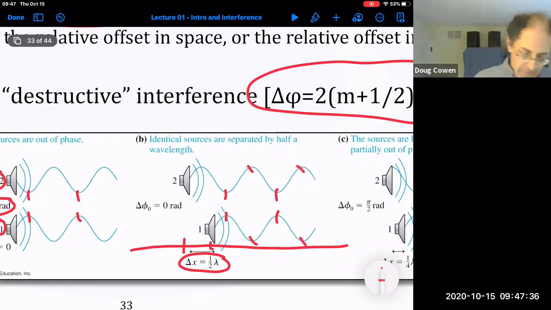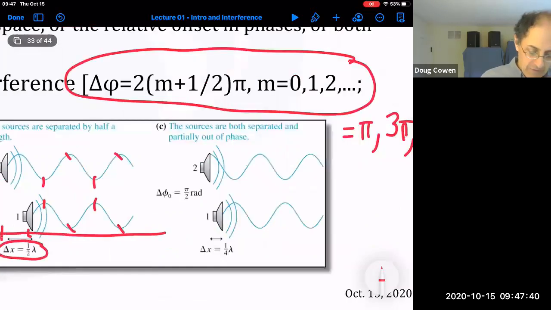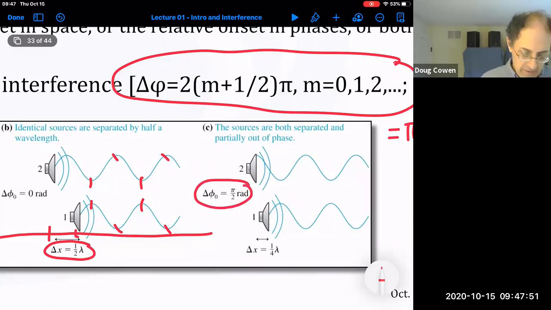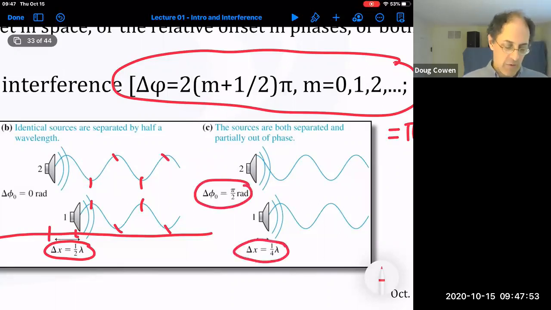And of course, you can take some combination of these two ways of changing the phase. You can have a phase difference of pi/2 at the generation and a separation distance that's, say, 1/4 of a lambda, and then you will also end up with fully destructive interference.